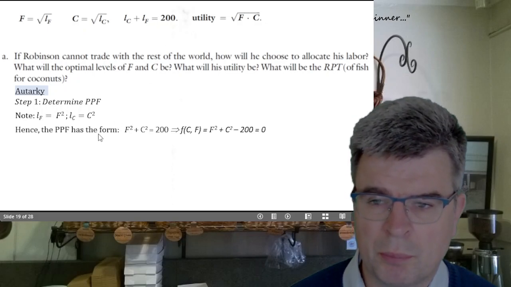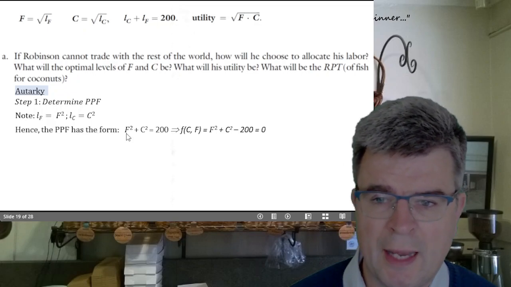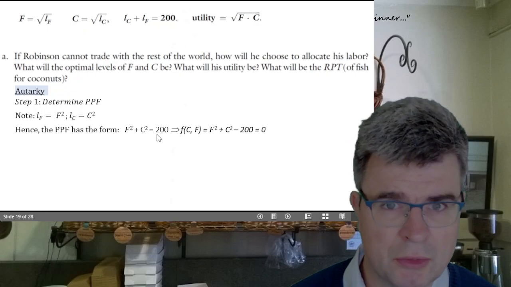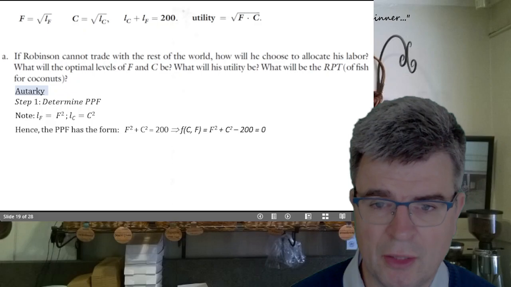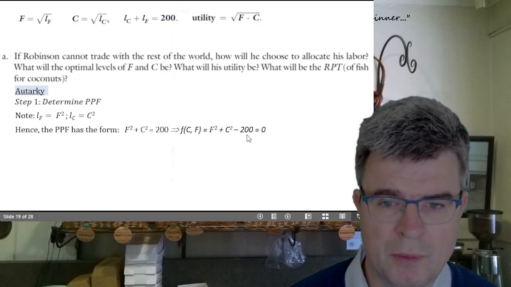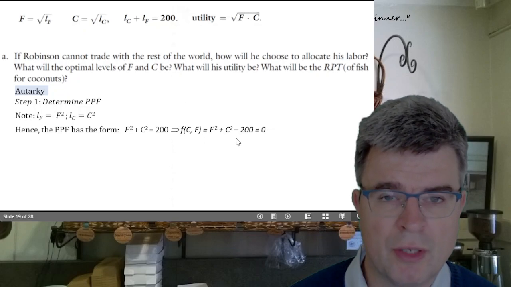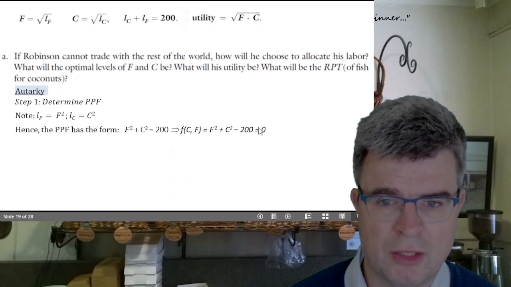So the production possibilities frontier is of the form f squared plus c squared needs to be equal to 200, which we can rewrite as a constraint, namely that whatever f and c we choose, this constraint needs to be satisfied.